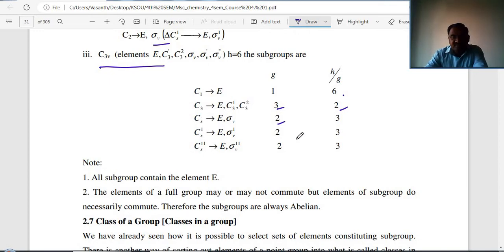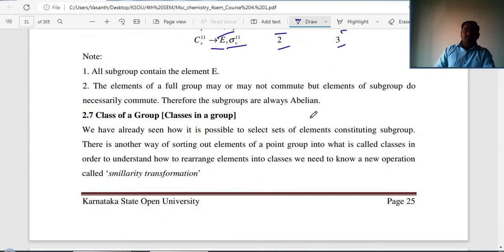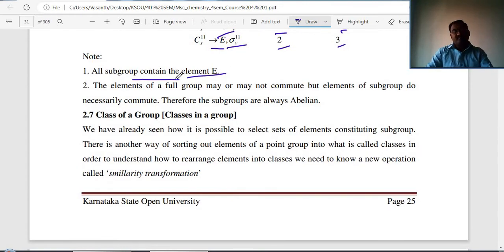Then E into sigma V dash, where the order is 2 and H by Z is 3, and E into sigma V double dash, where the order is 2 and H by G is 3. What we say is that all subgroups contain the element E.